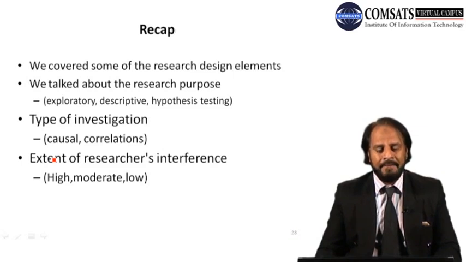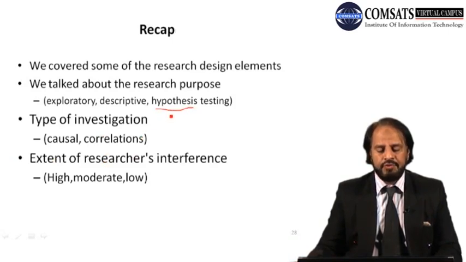And all these choices which you make are interrelated. What I mean by that is, if your research is hypothesis testing, then usually the type of investigation would be either correlational or causal.